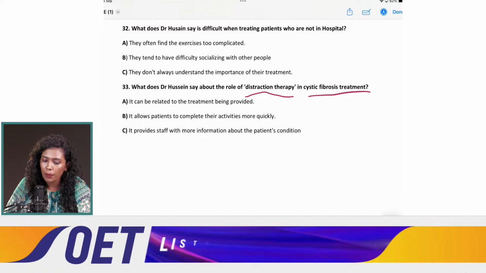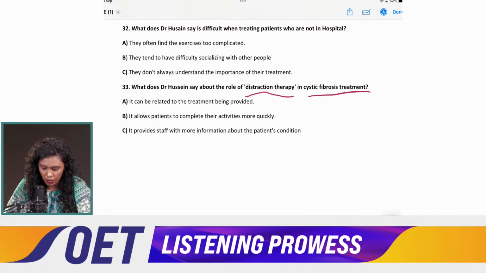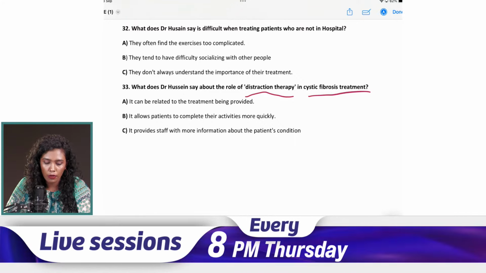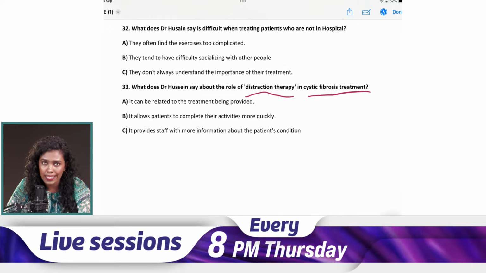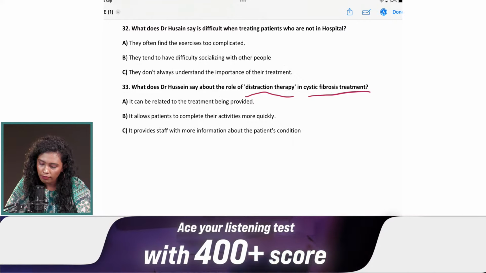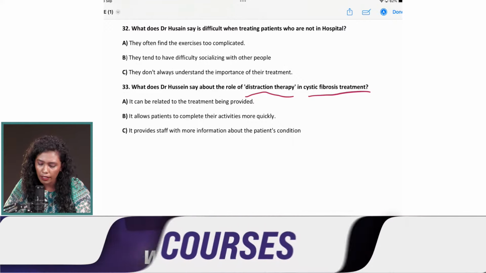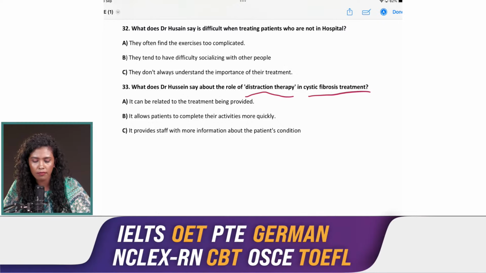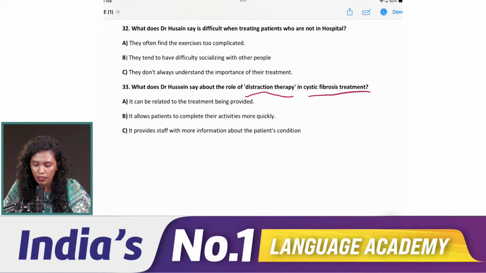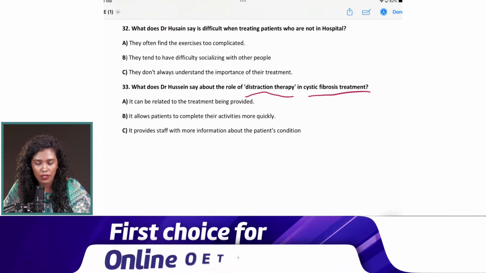Okay, so now how do you approach? Focus on the explanations or discussion regarding the distraction therapy. Maybe you can look for the benefits, the purpose, or some examples over here. Okay. Hi, Reenu. Good evening. Now, is there any particular information you would like to eliminate over here? You can try to exclude any information which is not aligning with the stated or implied purpose of the distraction therapy.